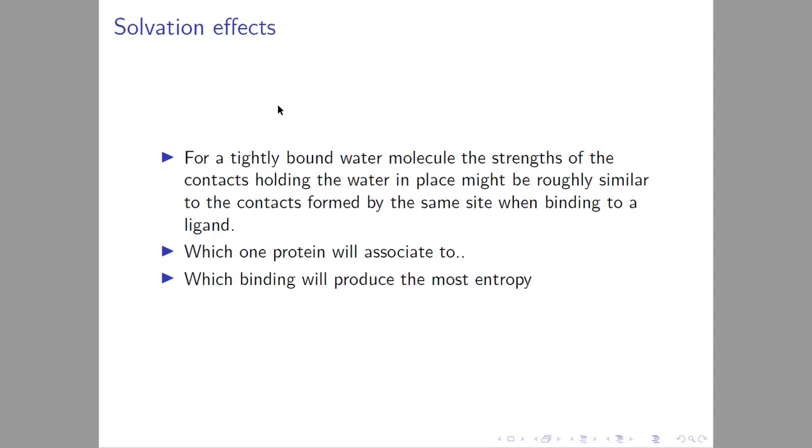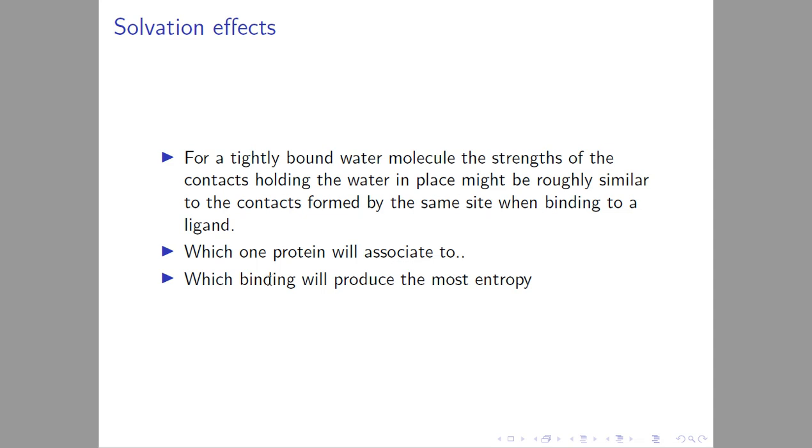Okay, so here what we can say is that for a tightly bound water molecule, the strength of the contact holding the water in place might be really similar to the contact formed by the same site when binding to a ligand. So which one will the protein associate with? Will the protein associate with the H2O, or will it associate with the ligand?